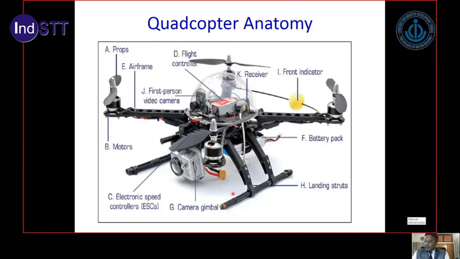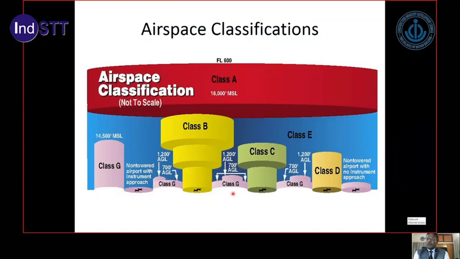So these are the different components of the drone. Then there is the aerospace classification, because there are certain restrictions. One cannot fly it anywhere, or to any height or to any distance. In fact, one has to take permission, and these regulations vary from country to country.